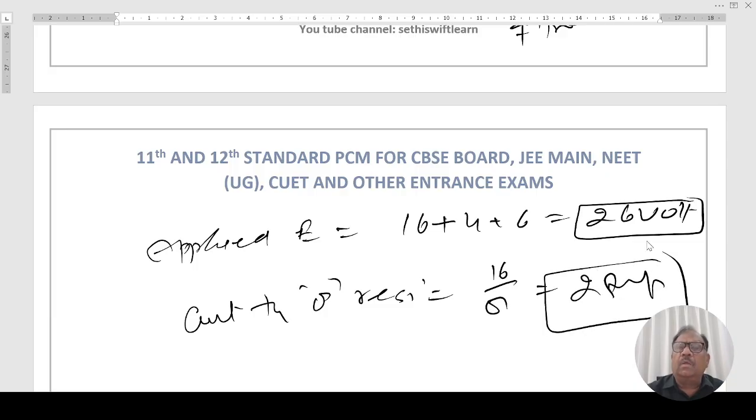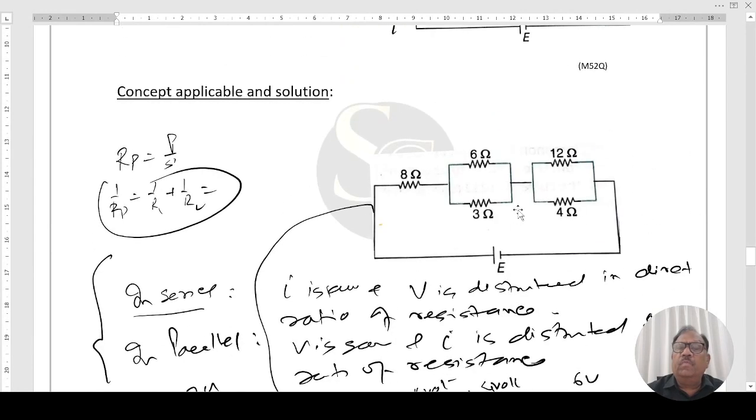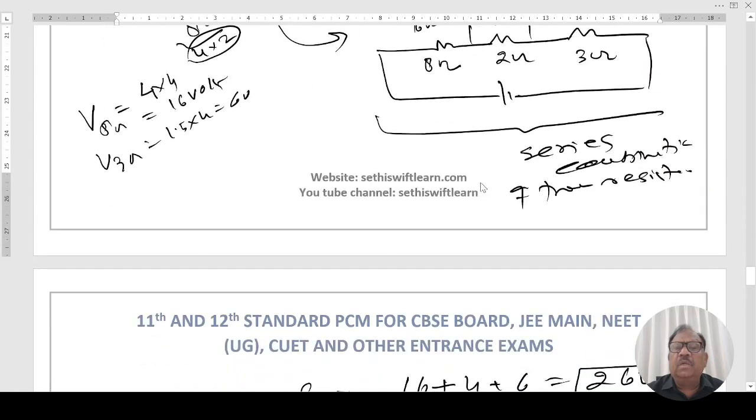Similarly, now voltage is known. Across this is 4 volt, across this is 6 volt. So current through this, I equal to V upon R. We can find the current through each resistance, right?